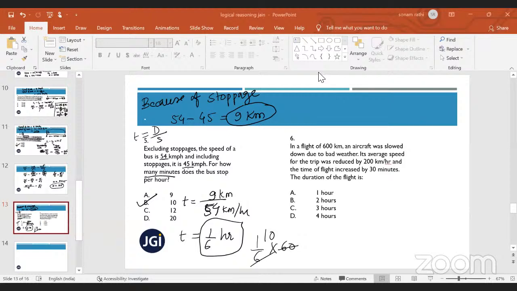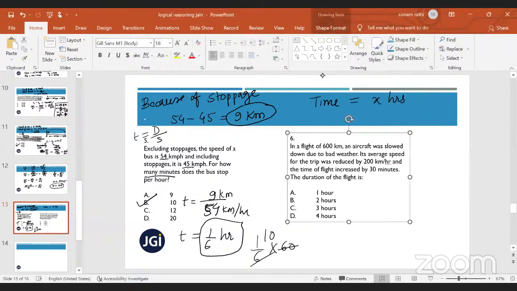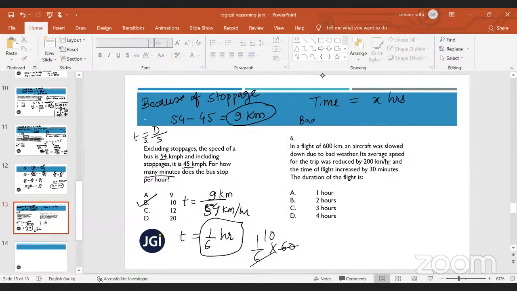Let the duration of flight be x. Let's say time is x hours. But because of bad weather, the new time becomes x plus 30 minutes. 30 minutes in hours is 1 by 2, half hour.